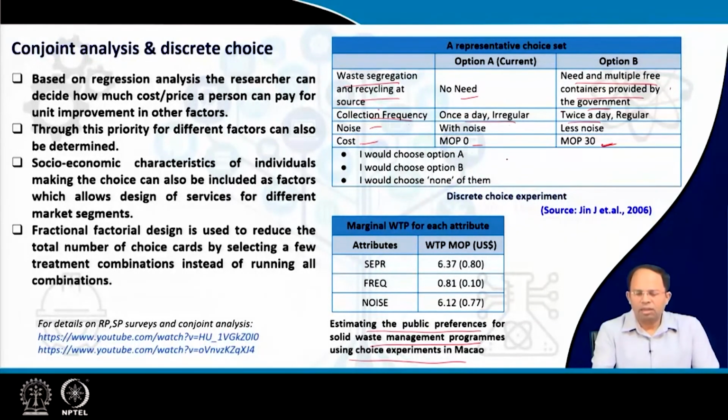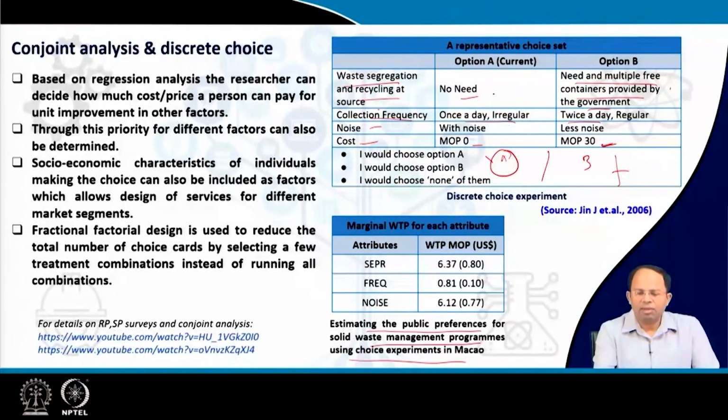So at the end of the day, the option is choice A or B. So these are discrete choices. If there are only 2 choices, we can go for a binary logistic regression. If there are multiple choices, we can go for a multinomial logistic regression. From that also we can determine the likelihood of a person choosing a particular choice, and based on that we can determine which factors influence that choice.